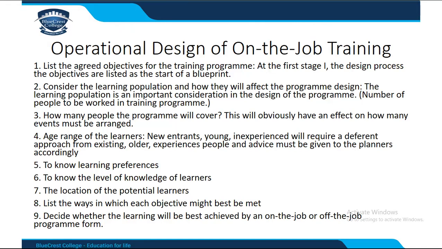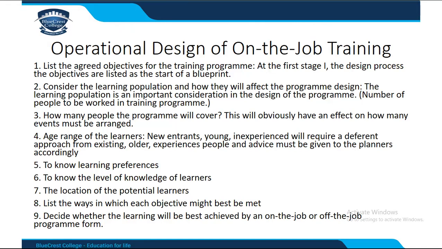You also need to know the level of knowledge of the learners, so that you are not repeating what they already know as employees. You need to be able to fill a gap. That is why you need to know the level of knowledge of the learners. You also need to know the location of the potential learners, so that if you have to move to another location, the distance they will cover before they get there will be taken care of.